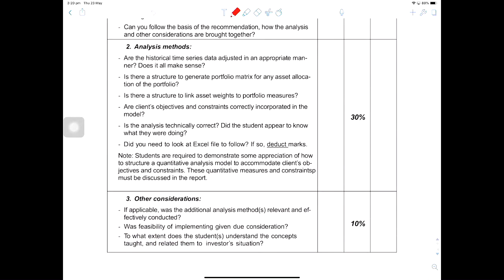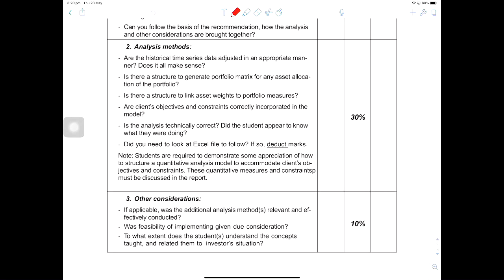The second category is analysis method. So in this category, the tutor is going to assess from your report. If necessary, they're going to have a look at your Excel files, have some assessment of how well you understand what you are doing. So the analysis method will include some very detailed assessment measures.